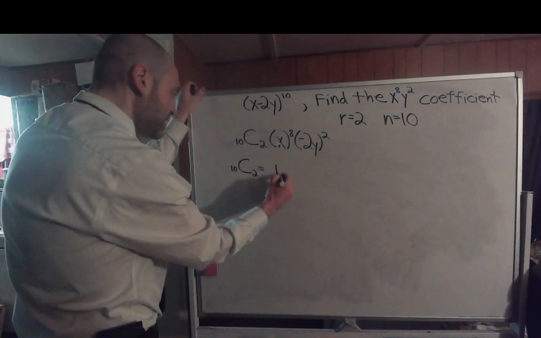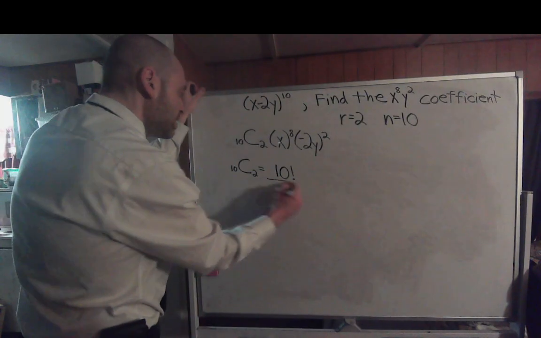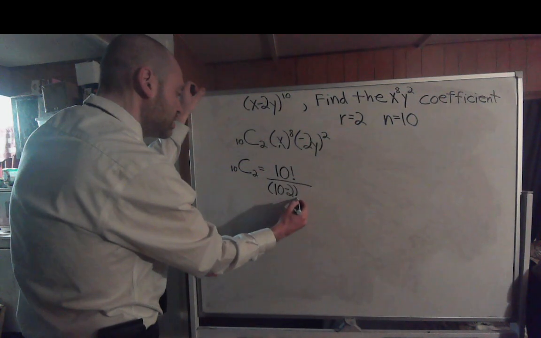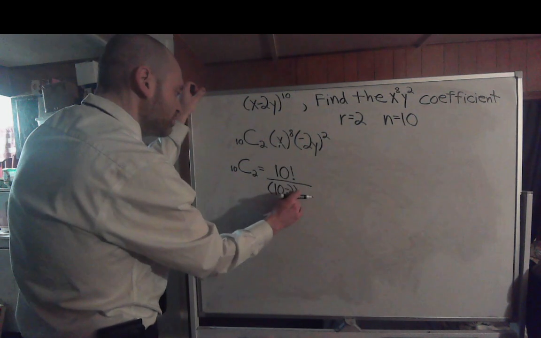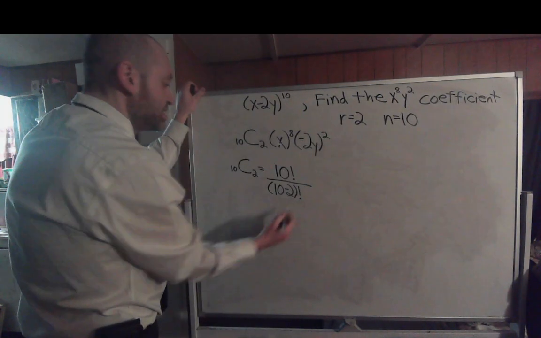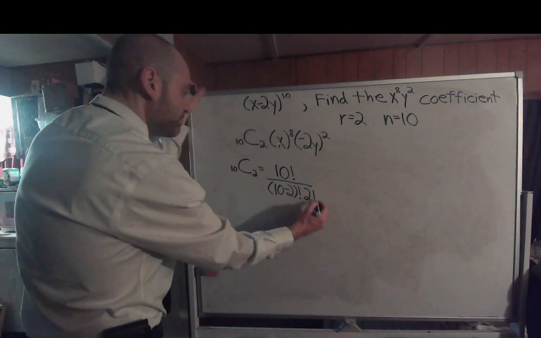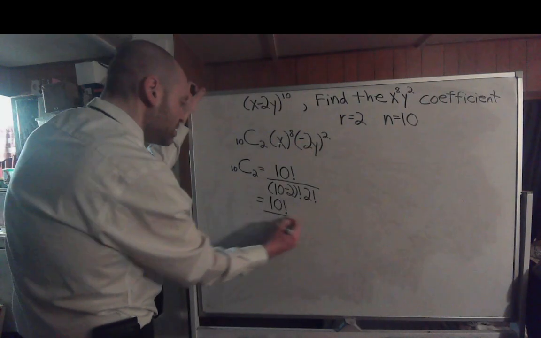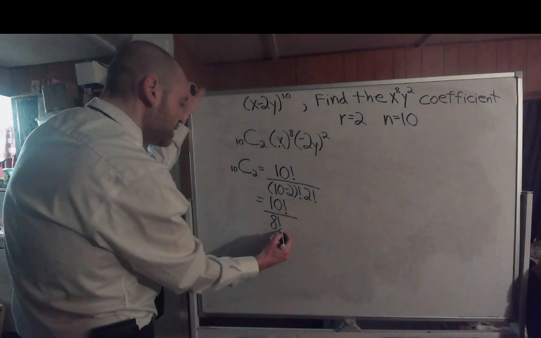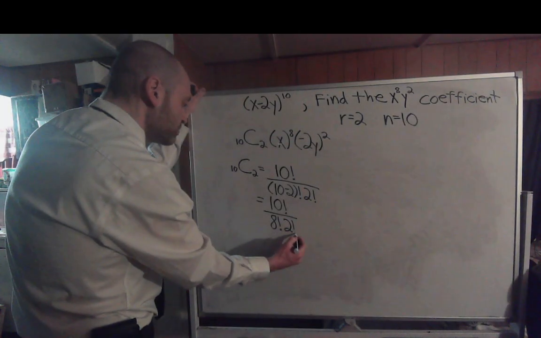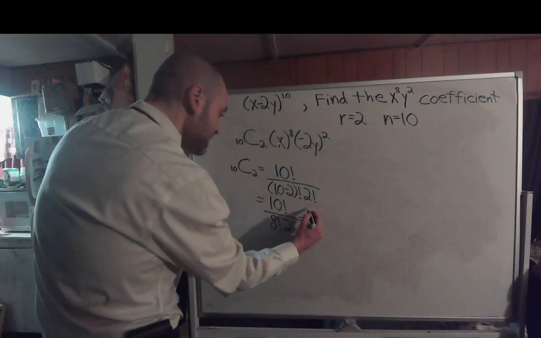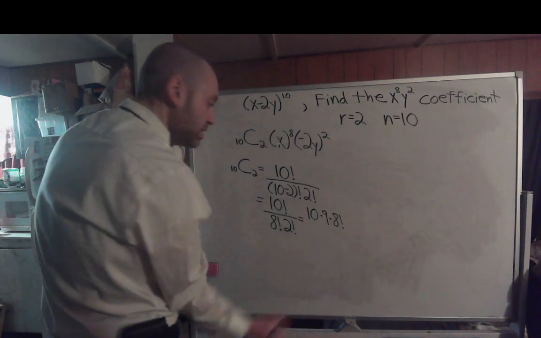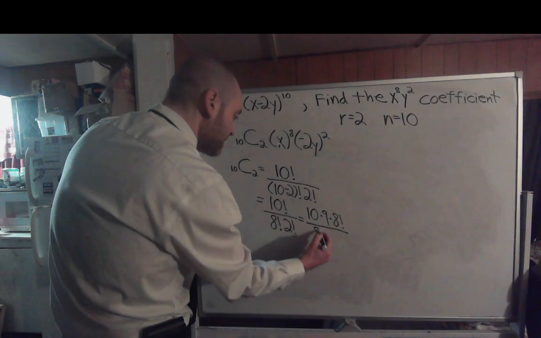That's going to equal 10 factorial all over the quantity of 10 minus 2 factorial, times your 2 factorial. So this will simplify into 10 factorial all over 8 factorial times 2 factorial, which is going to break down into 10 times 9 times 8 factorial all over 8 factorial.